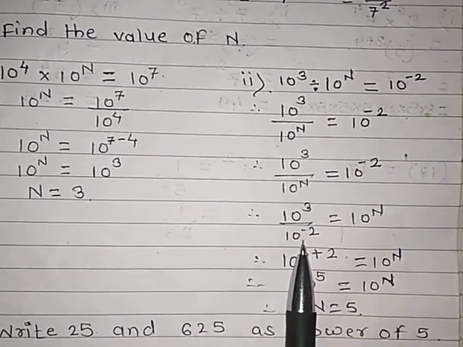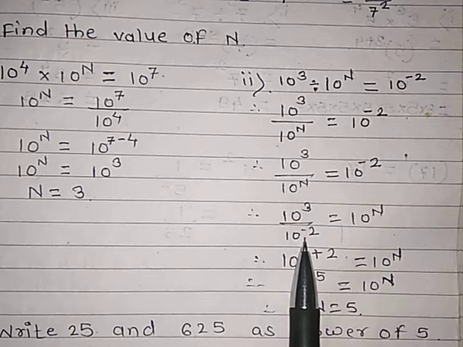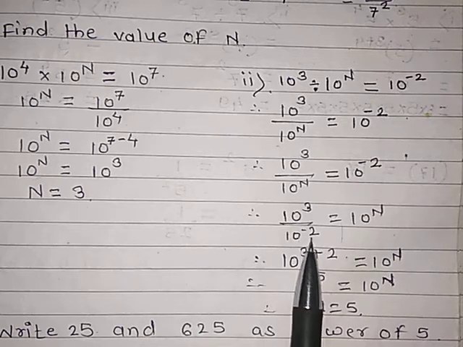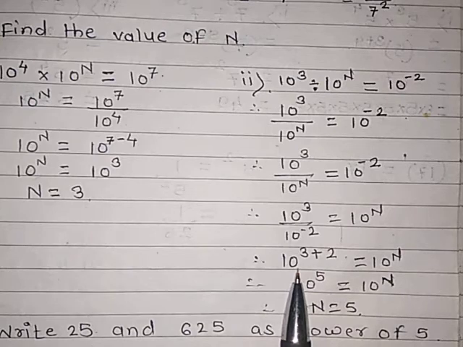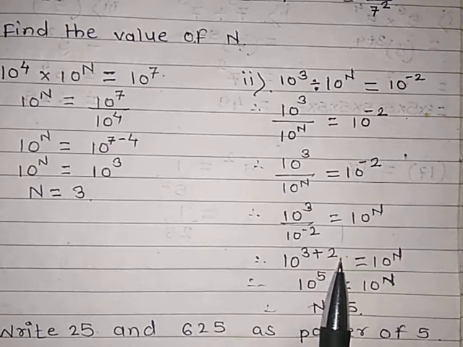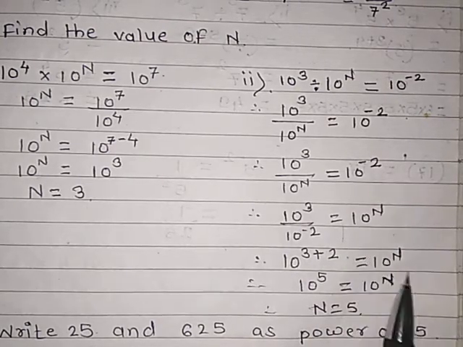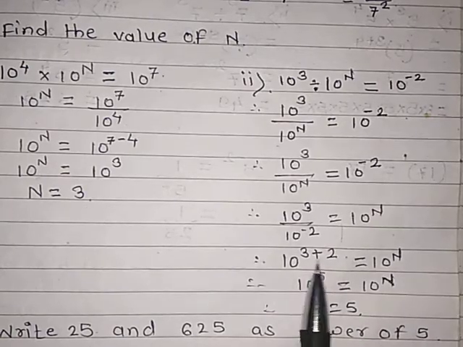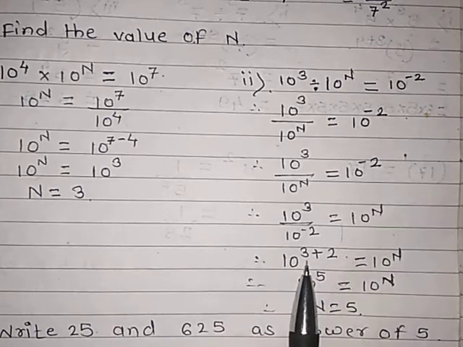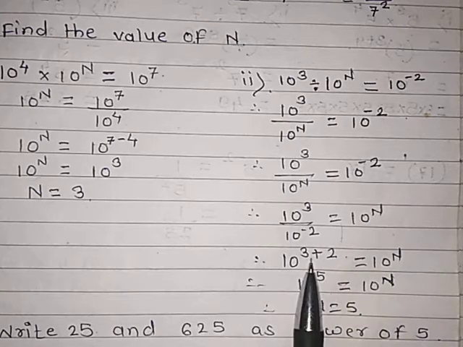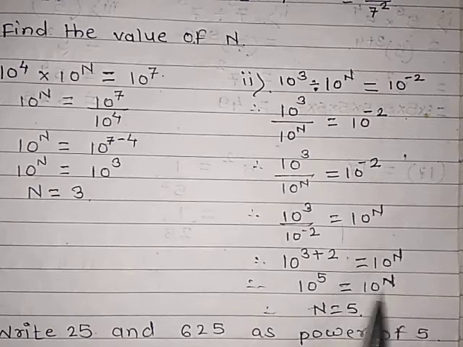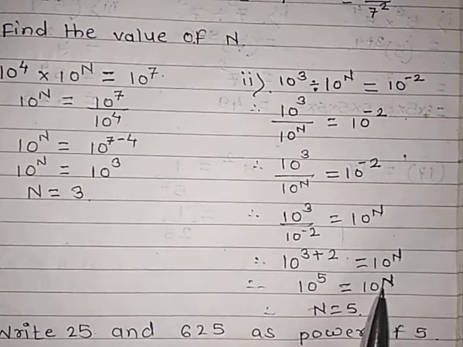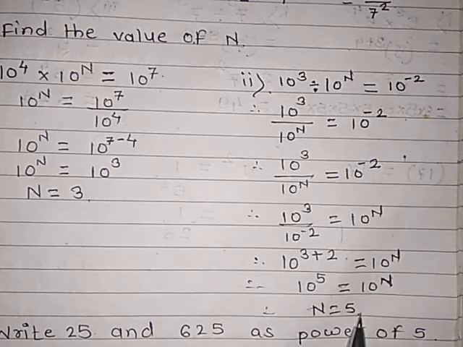Now see here, in the denominator we have a minus sign for the index. So when we shift this minus 2 to the numerator, it will be plus. So 10 raised to 3 plus 2 equals 10 raised to n. Now we have to add their powers, so it will be 10 raised to 5, which equals 10 raised to n. Now the base is the same, so the index is equal. N equals 5. Okay.